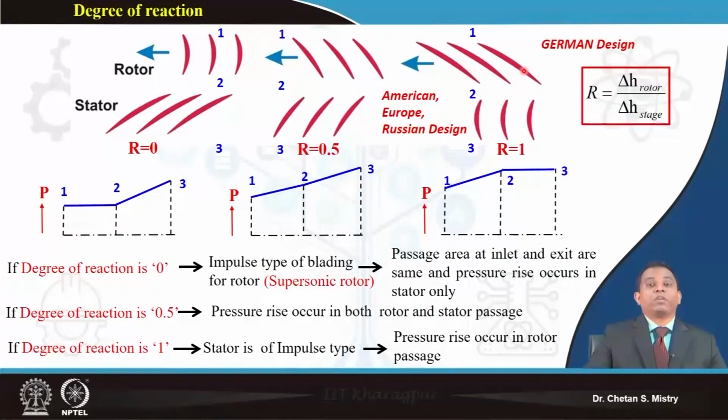Stator is only guiding the flow. It has nothing to do in the sense of rising of the pressure. Now if you look at American, European or Russian designs, people are going with the 50% reaction. They feel it's to go on the safer side. So the passage shape we are looking at this moment is very important.